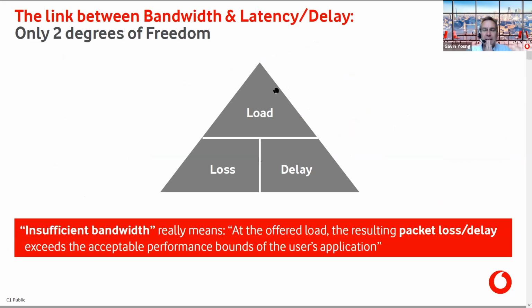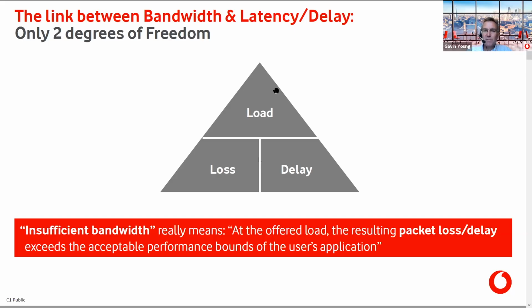Now, I just talked about quality of broadband, and I talked about latency, delay, and I talked about packet loss. But some folks might think, well, surely broadband quality is all about just broadband speed and throughput. Well, actually, they're related. There are 2 degrees of freedom in this balance between the load on the network, the loss the packets experience, and the delay they experience.